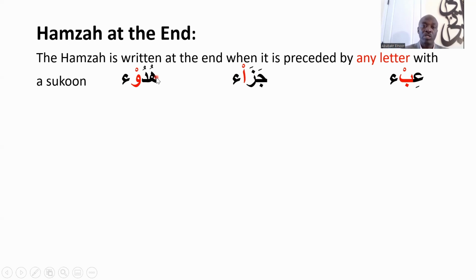Hudu, hudu is calmness or something being quiet. The waw has the sukoon, so the hamza is written independently. So when the hamza is at the end, and any letter that precedes it has the sukoon, we write the hamza independently.